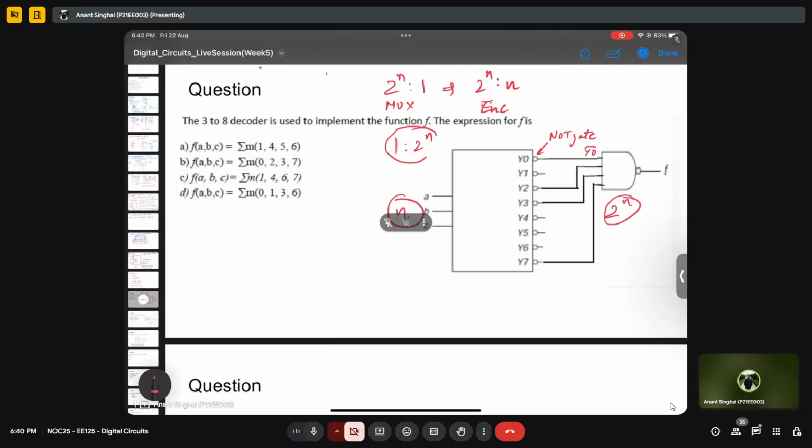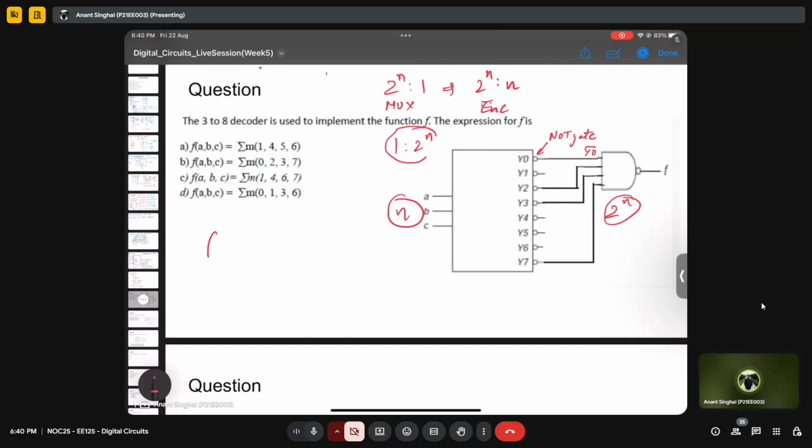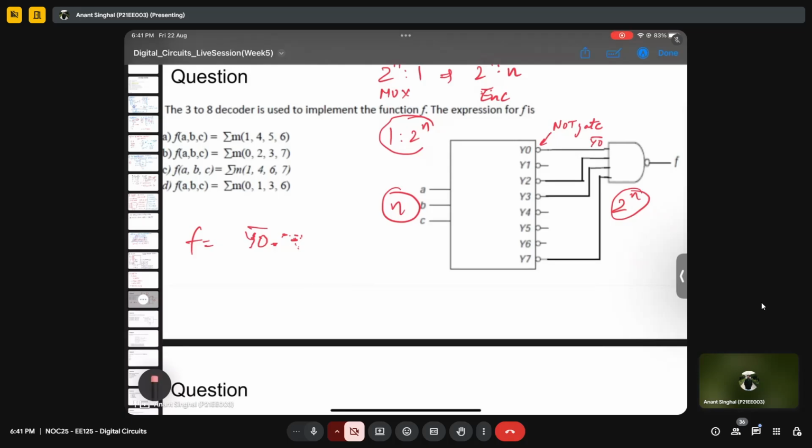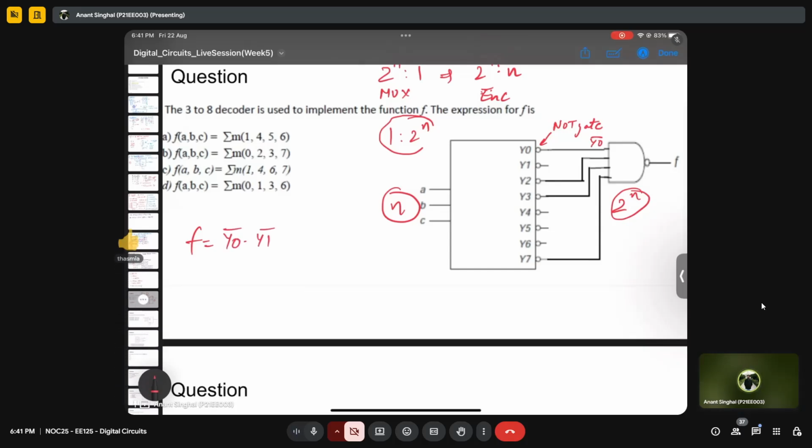Okay, so I've got some answers. I think someone did option A. Okay, let's see. So the final function that we can see is multiplied, y naught, y1, y2, y3 whole bar.